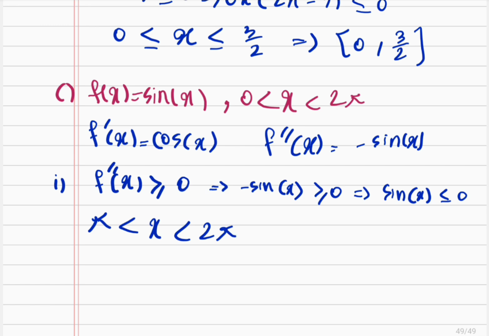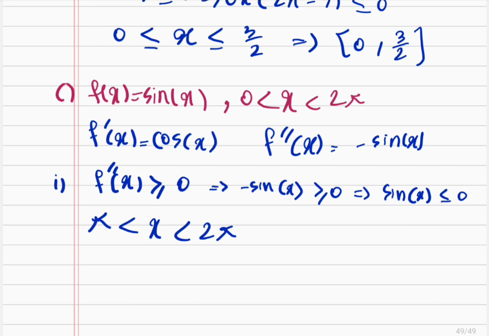Just think about that: sin π is simply 0, and sin 2π is also 0, but the midpoint is 3π over 2, and the sine of 3π over 2 is minus 1. So all the values in this range are between 0 and minus 1, which satisfies this inequality.